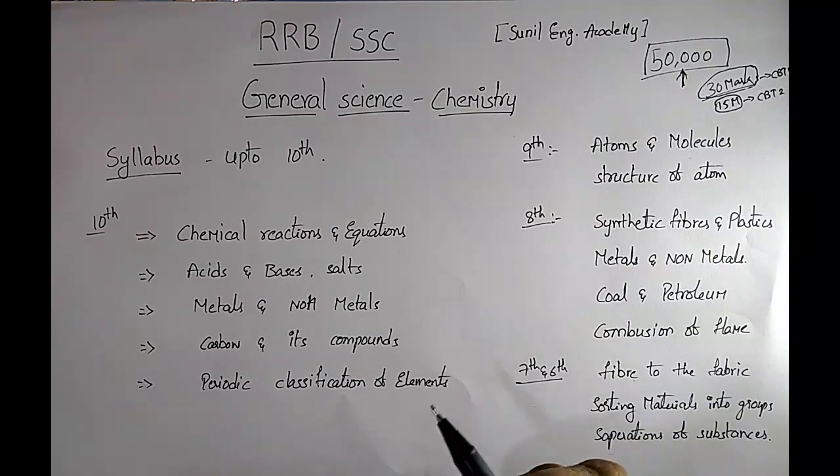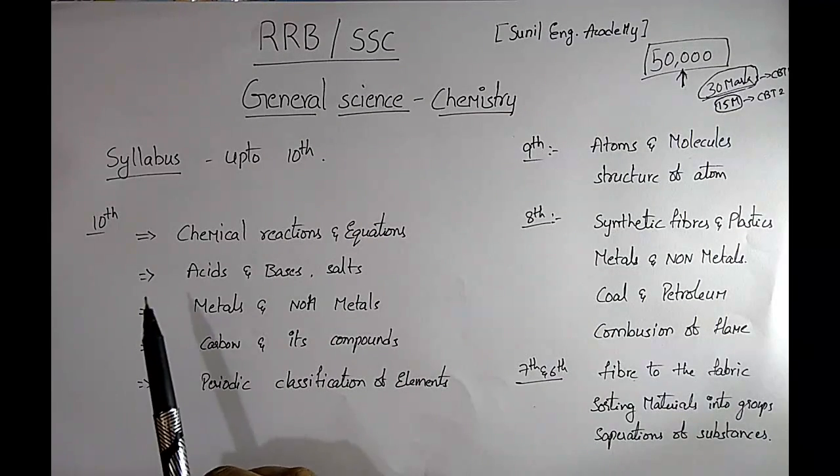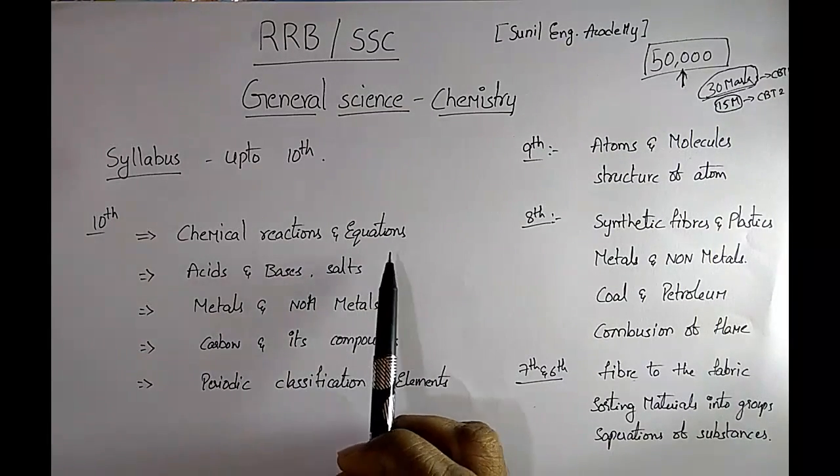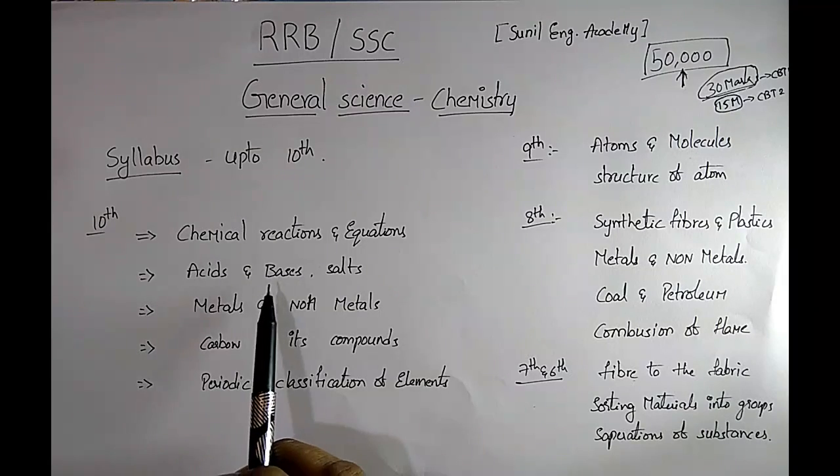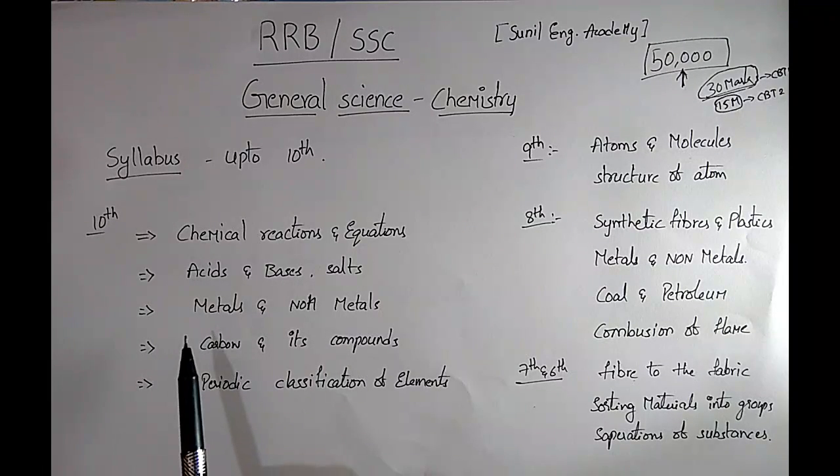If we observe the chemistry syllabus up to 10th standard based on CBSE NCERT books, in 10th class: chemical reactions and equations, acids and bases, salts, metals and non-metals, carbon and its compounds, periodic classification of elements.